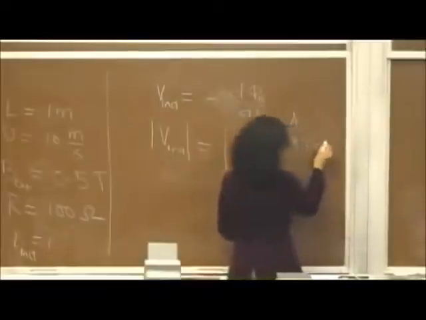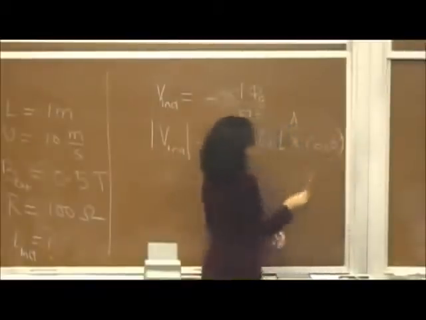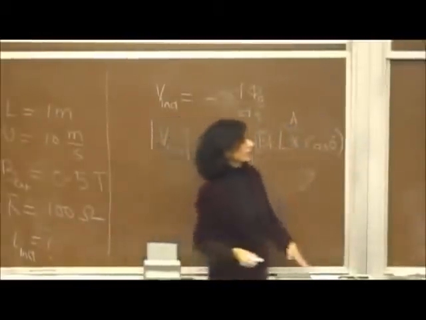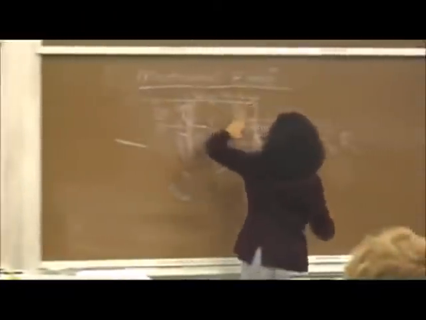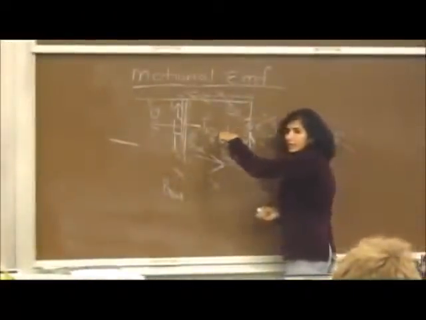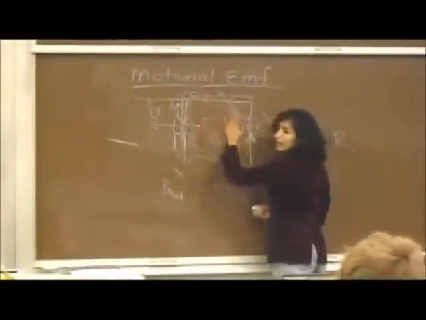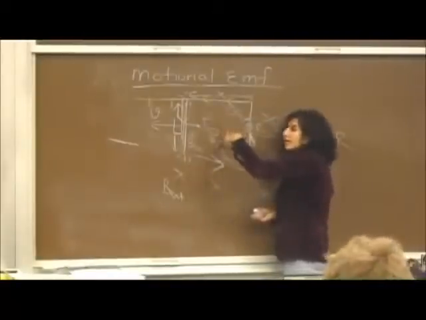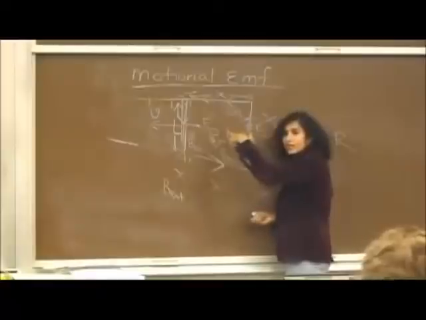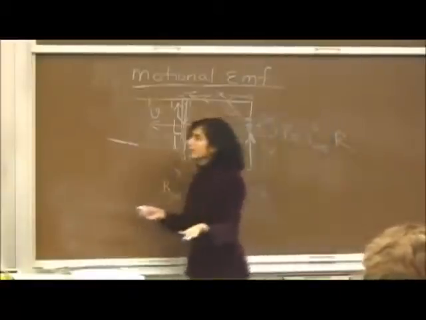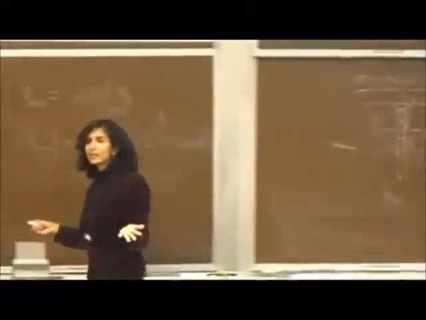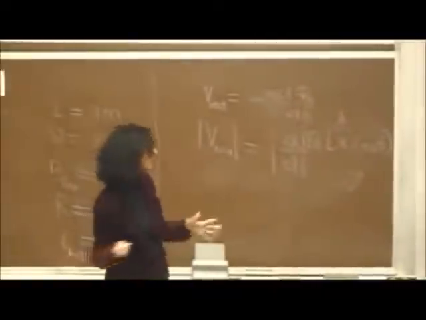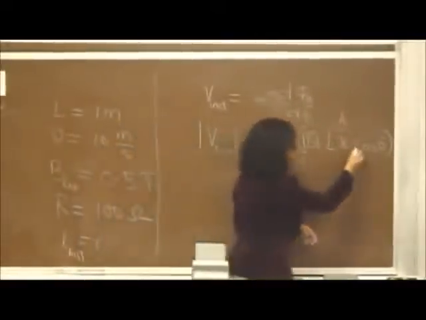What is cosine of the angle between the magnetic field and the area vector? The area vector is going to be perpendicular to the area, right? If this is the area of cross section, the area vector is perpendicular to it. Isn't that also the direction of magnetic field? So the angle between the area vector and magnetic field is 0, and cosine 0 is 1.